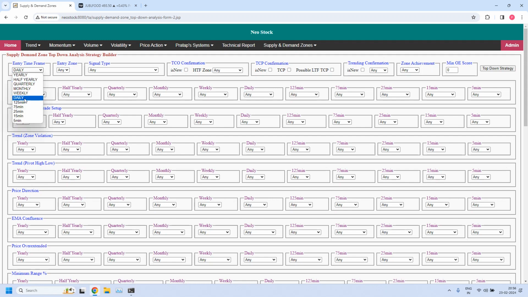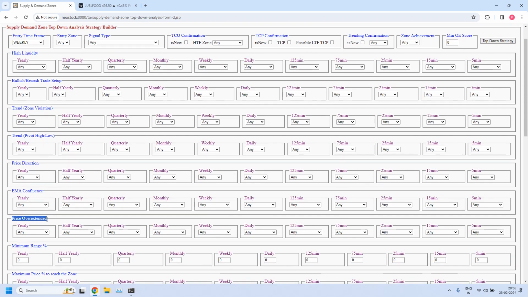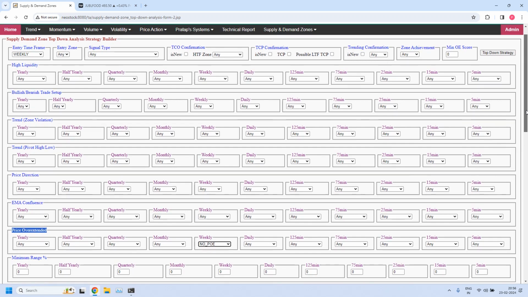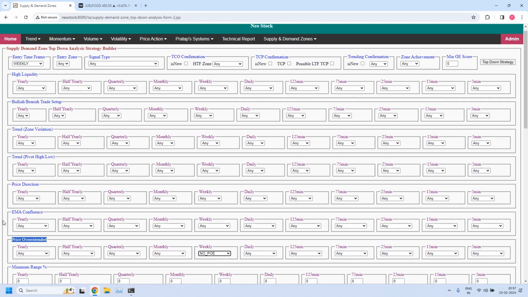You can go to the weekly time frame, and price overextension should be completed. So weekly time frame, no POE, that means no price overextension. And how do we know prices are near that zone? For that zone, let us look for EMA Confluence also. Both values we will set.